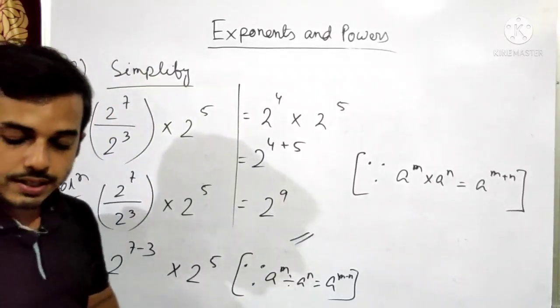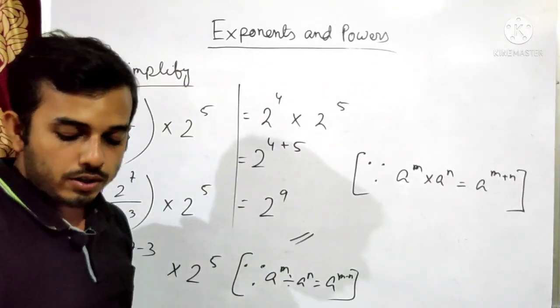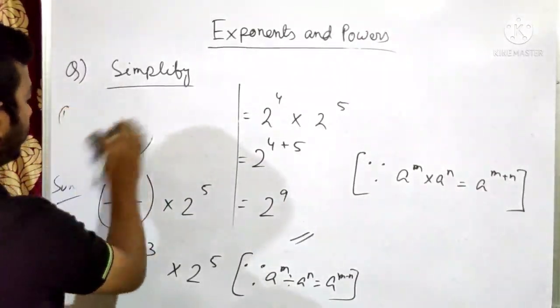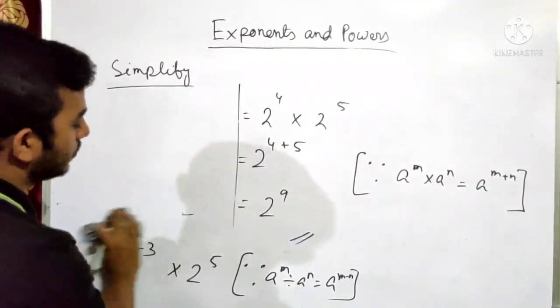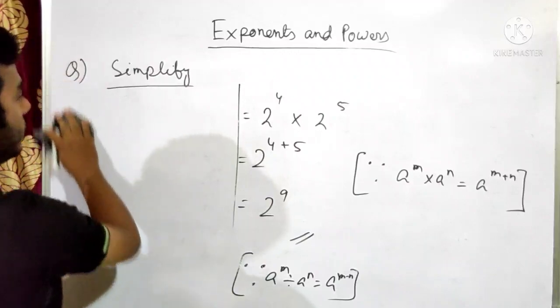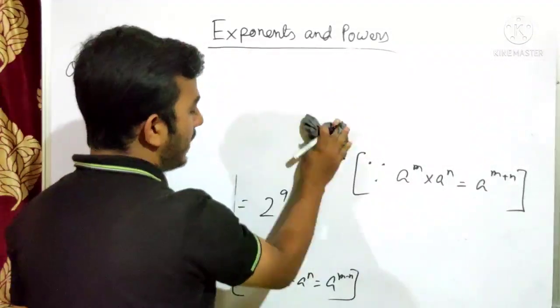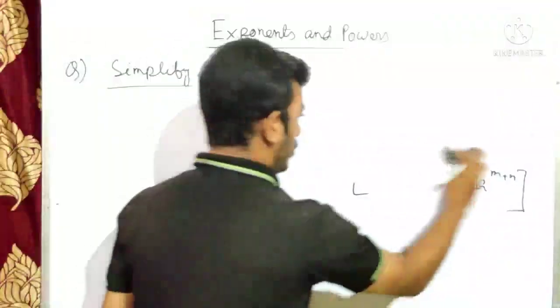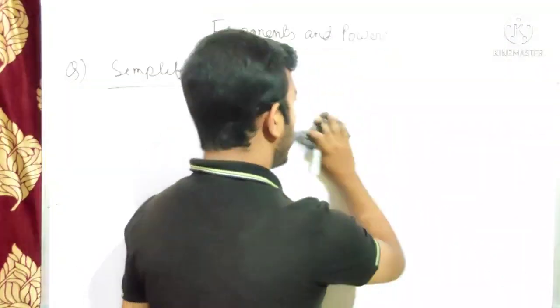So the next one is 2 power 4 whole power 2, 2 power 2 whole power 4 into 3 power 8, and into 5 power 8. Very easy, very interesting. If you know the relations, then I hope you will enjoy the class.